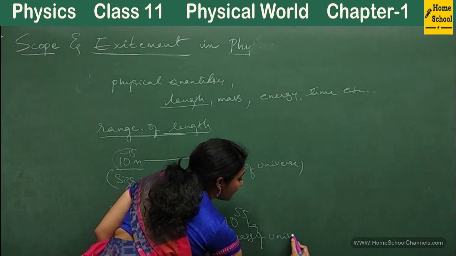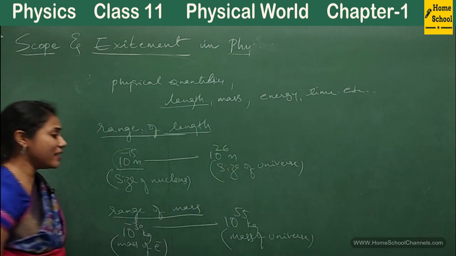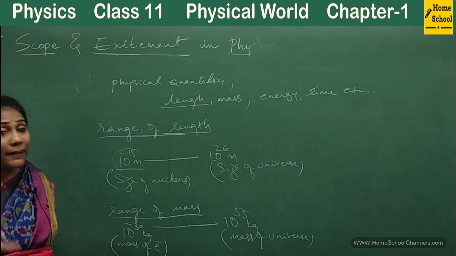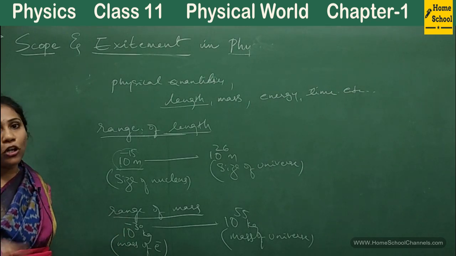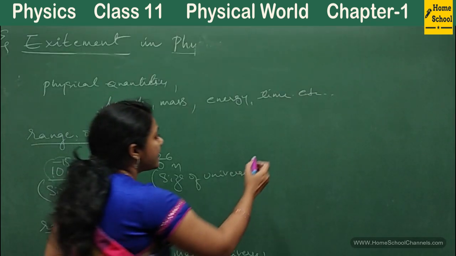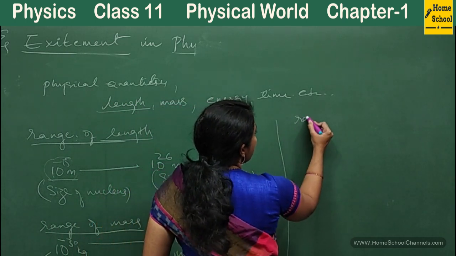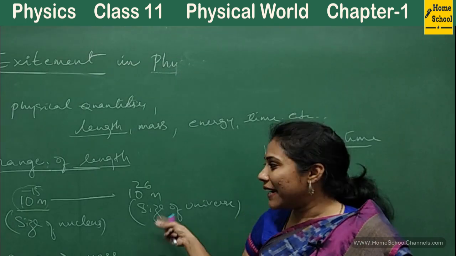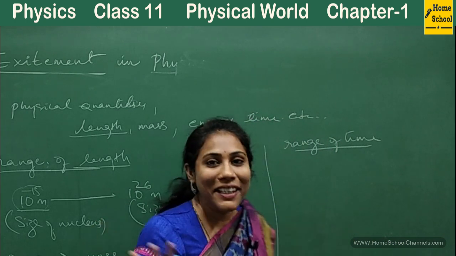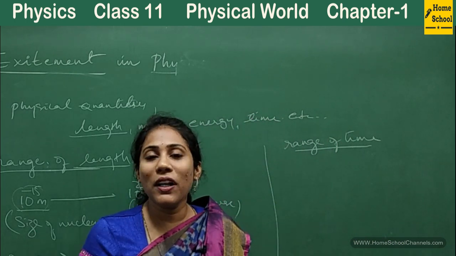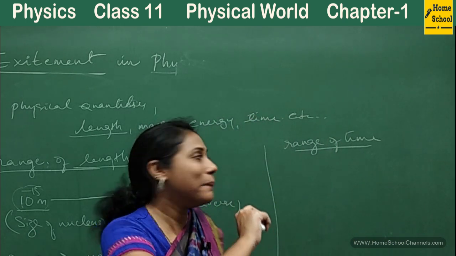To this much extent we can measure something about objects. And next let me give you the range of time. Isn't it exciting to know about all this, right? We can measure so many small numbers and very high numbers also.